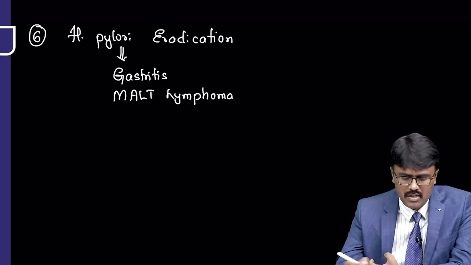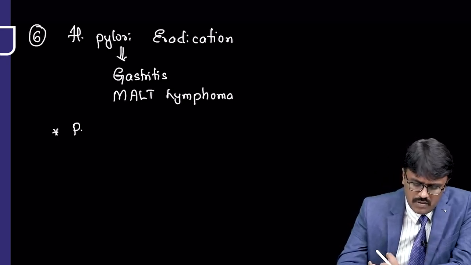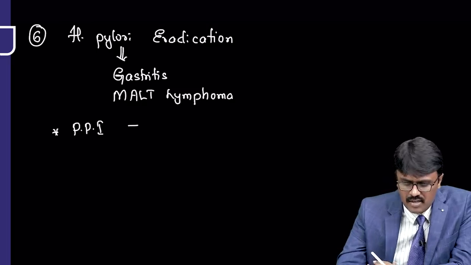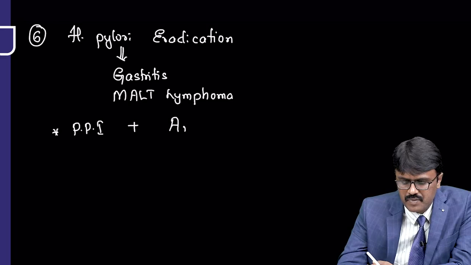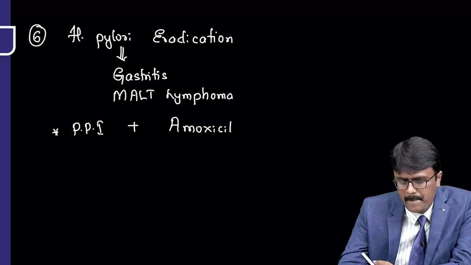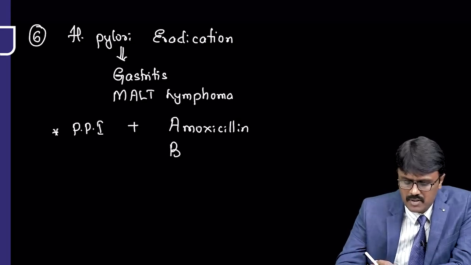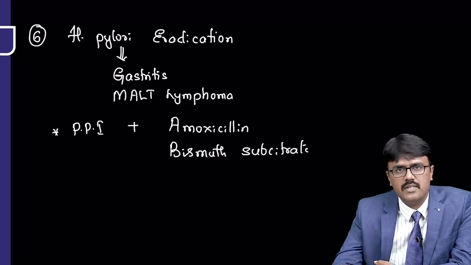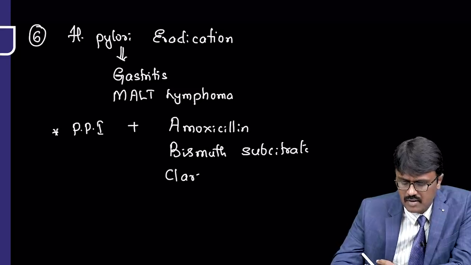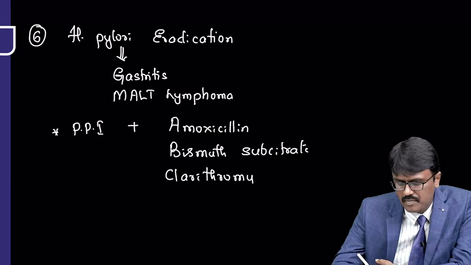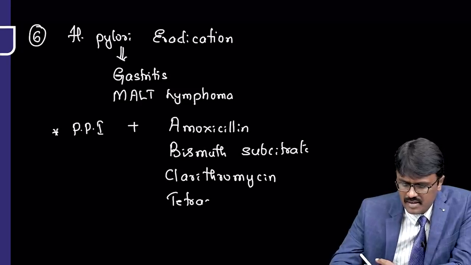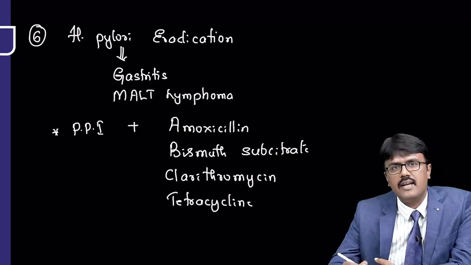How do you do that? To eradicate that, most of the regimens use proton pump inhibitors, that is PPIs. Along with that, we add other drugs, for example, amoxicillin, then bismuth subcitrate, then clarithromycin, then tetracycline.